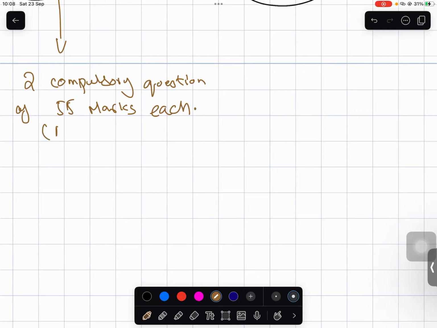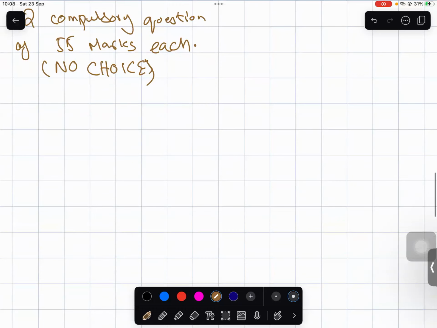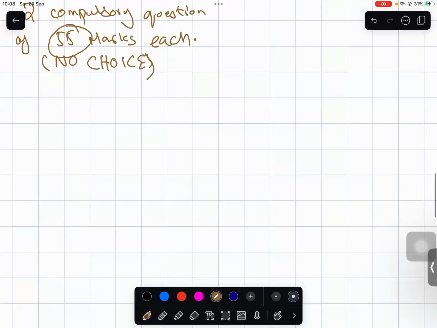Now you will have no choice in this section. You will have to solve each and everything. One other important thing is that the 55 mark questions will be divided into several parts.